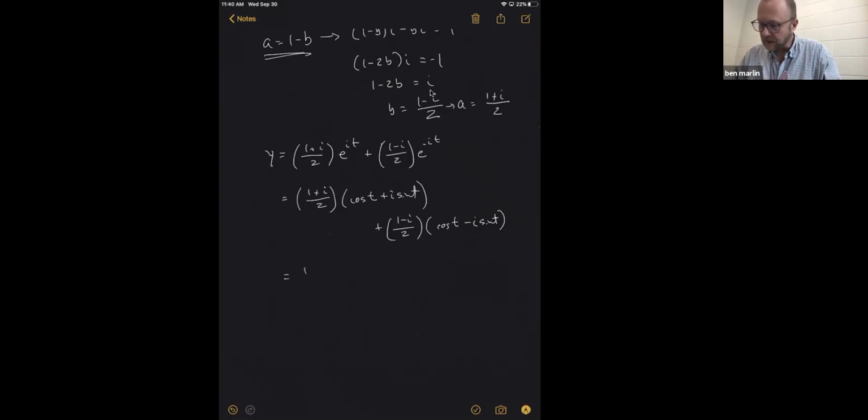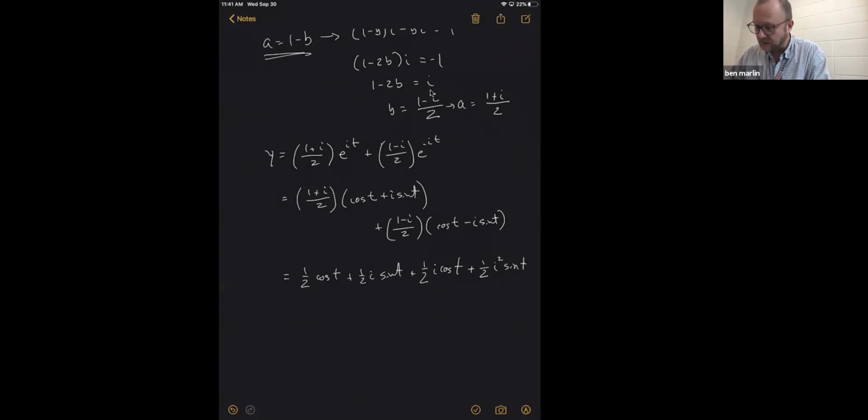So I'm just expanding out here, and I'll have in the first one a 1/2 cosine t and a 1/2 i sine t, and then plus 1/2 i cosine t, and plus i squared, and I don't like the way that looks. So plus 1/2 i squared sine t there at the end.